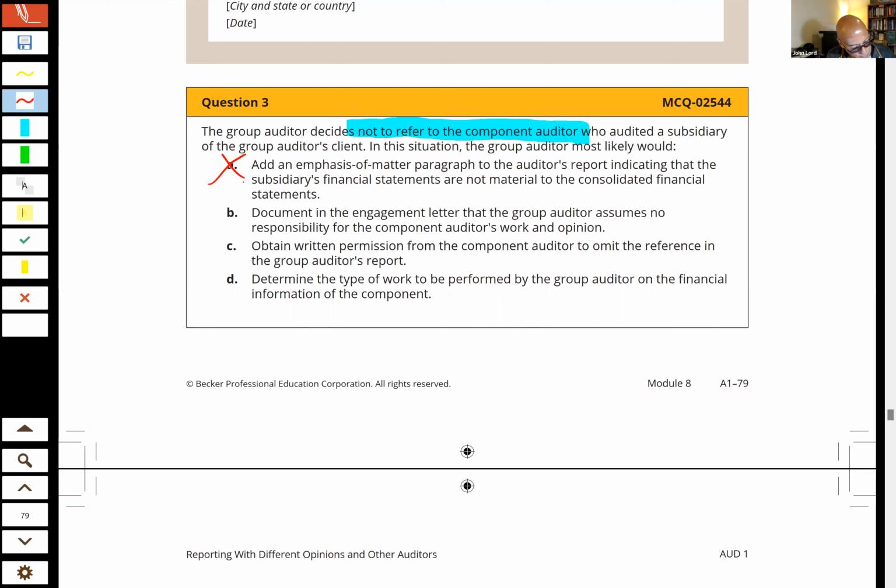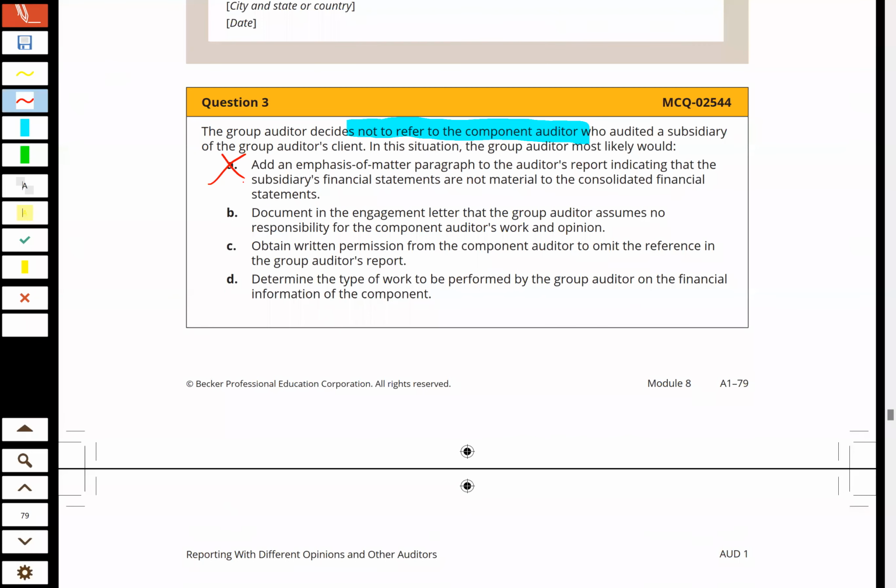Yeah, it's not even called out as in other matters for component auditors. Okay, so emphasis of matter is when something is disclosed, and it's not even in other matters. Okay, wrong for many reasons.